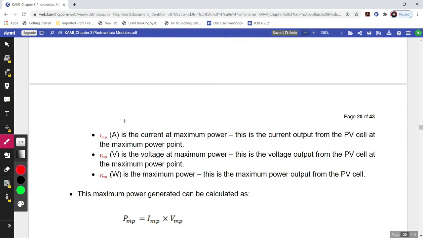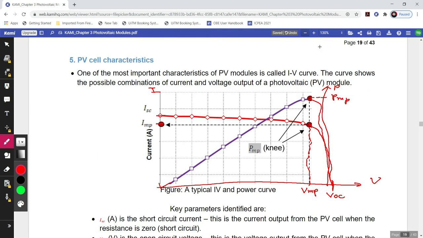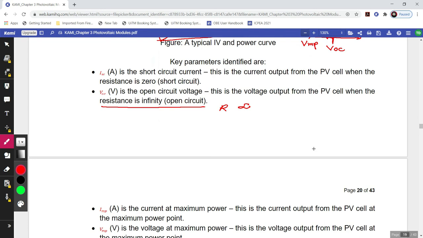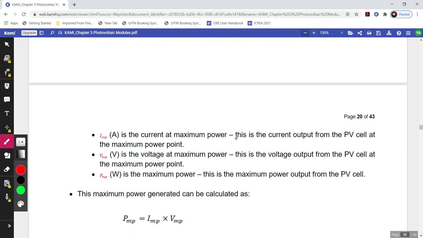Another one is IMP. IMP is the current at maximum power. So at maximum power, here you have the voltage, and this is your IMP. This is the current output from the PV cell at the maximum power point. VMP is the same thing, the voltage at maximum power.